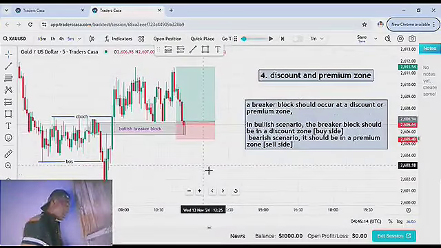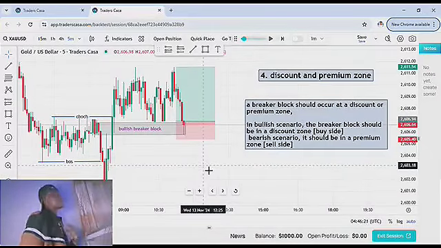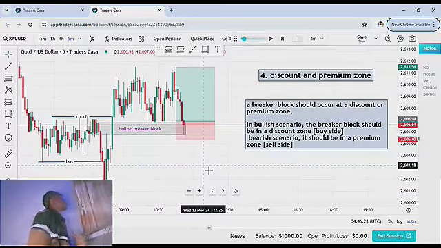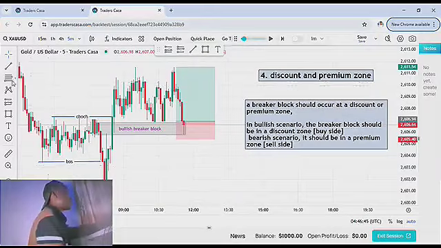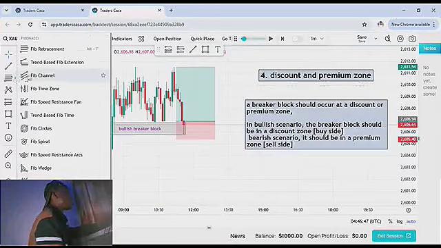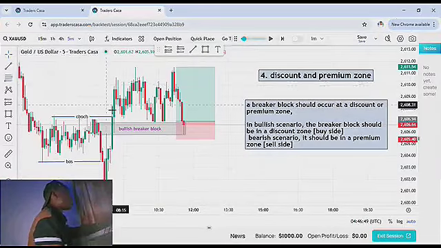So another thing you have to keep in mind, number 4, is price should be at a discount level. Since this is a bullish scenario, price should be at a discount level. If you want to find out your discount level, this is simply how to do that. Let me drag out my Fibonacci tool to the chart.